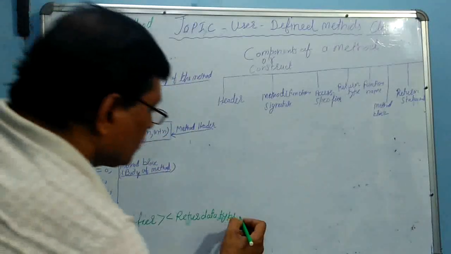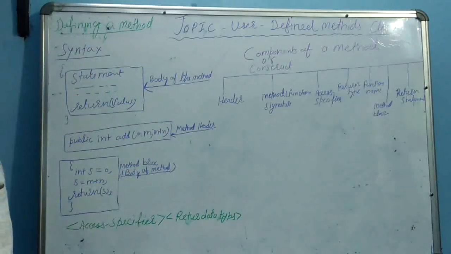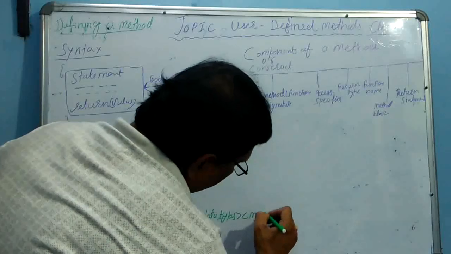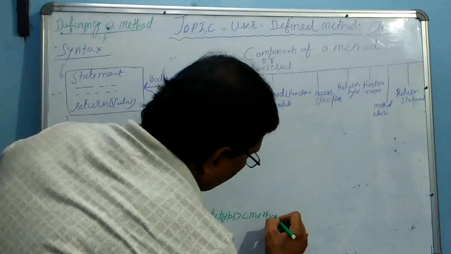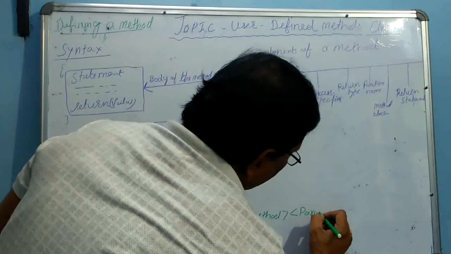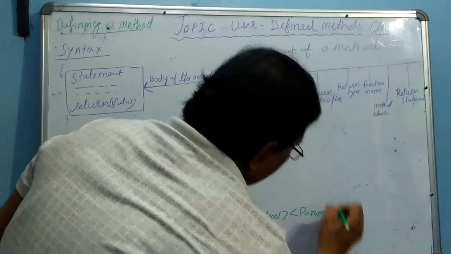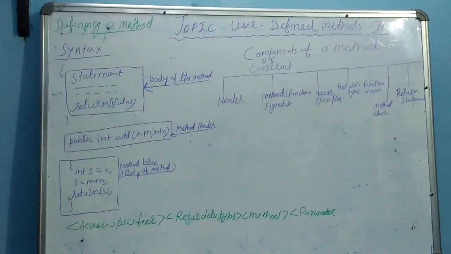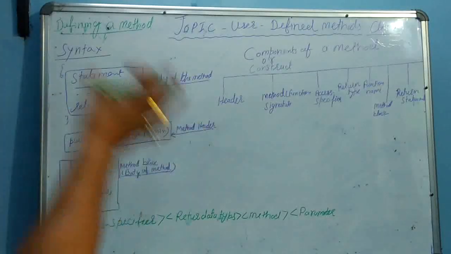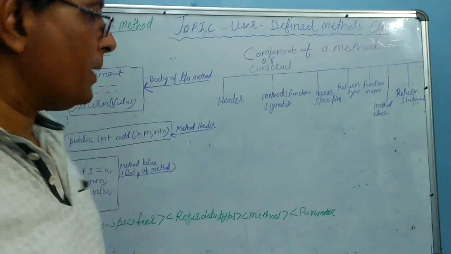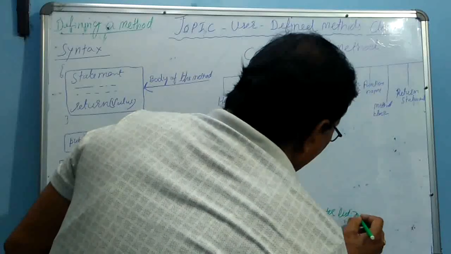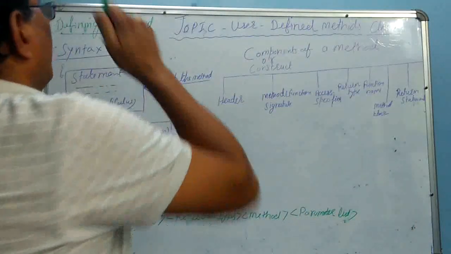Then after that we have to use the method, and then after that we will use the parameter. I will tell you what the parameter, the method and the return data type are. You know very well, but I have to introduce them. So, the parameter list. That is the format of defining a method.